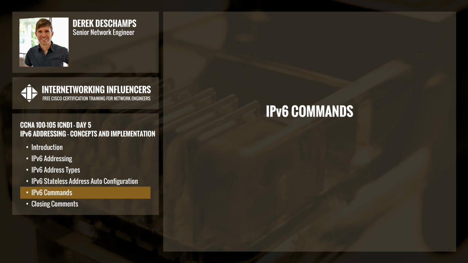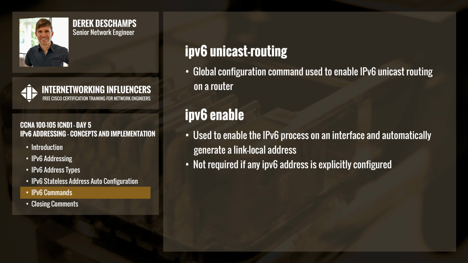And lastly, let's take a look at the IPv6 commands you should be familiar with for the exam. The ipv6 unicast-routing command is a global configuration command used to enable IPv6 unicast routing on a router.